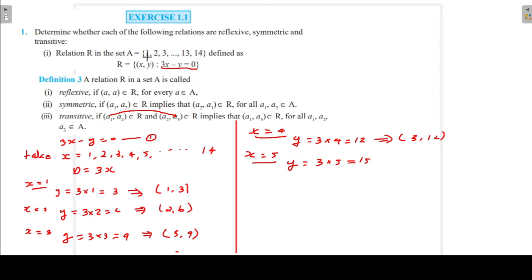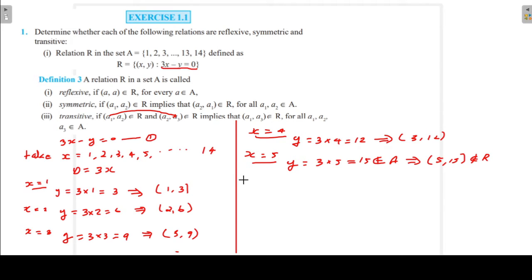Here check our set A, which is 1 to 14. Here y equals 15, so this does not belong to set A. That implies the point (5, 15) is not an element of our relation R, so we can't take this point.